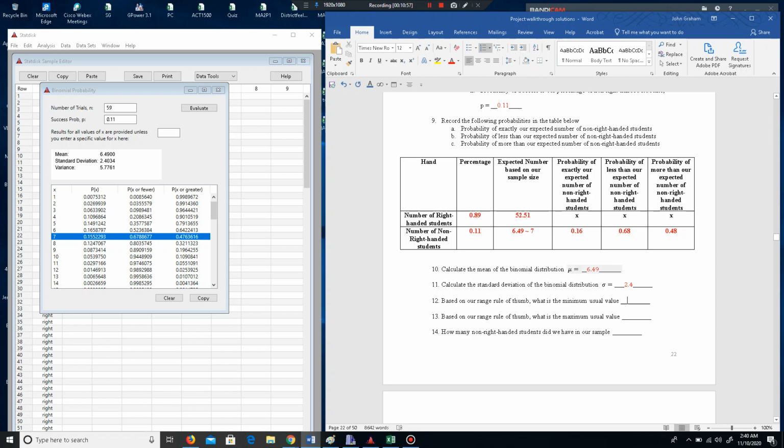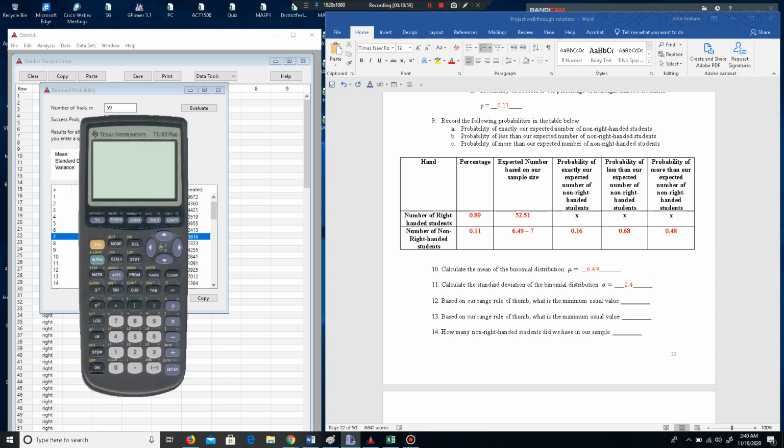That's going to be 6.49 minus 2 times 2.4, which is 1.69. The high value would be adding 2 times 2.4, which is 4.8, so 6.49 plus 4.8 is 11.29. So the range is 1.69 to 11.29.